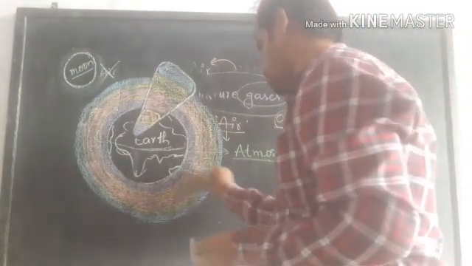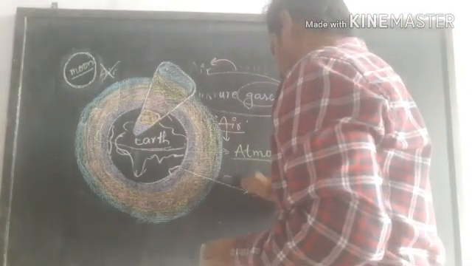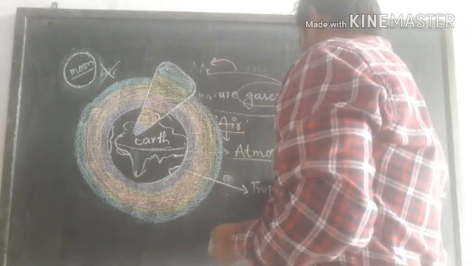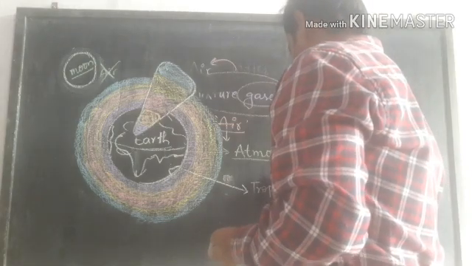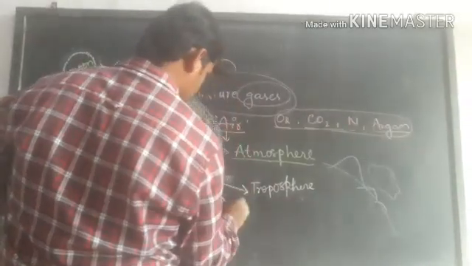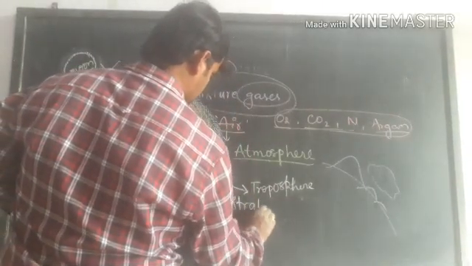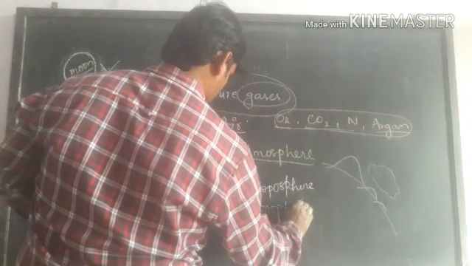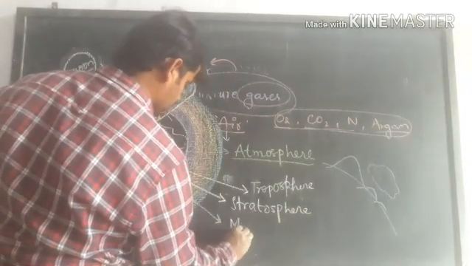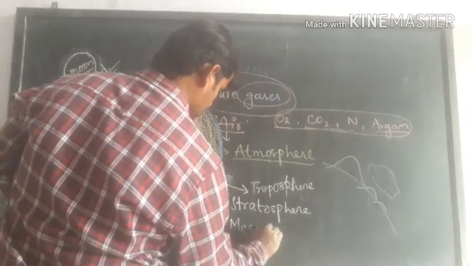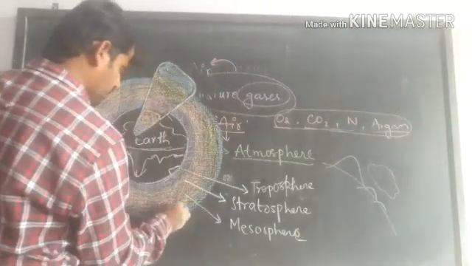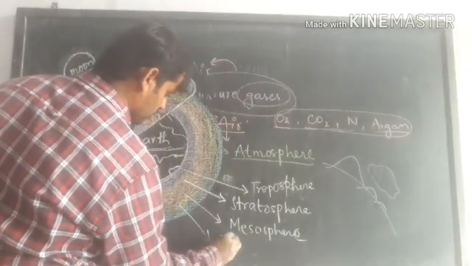The first layer is called troposphere. The second layer is called stratosphere. The third layer is called mesosphere. The fourth layer is called thermosphere.